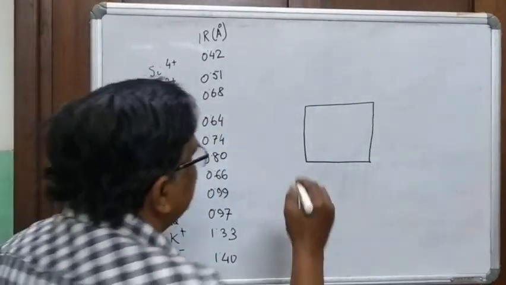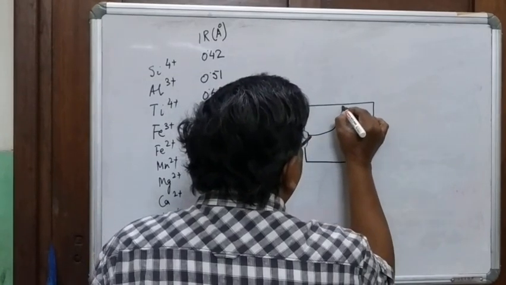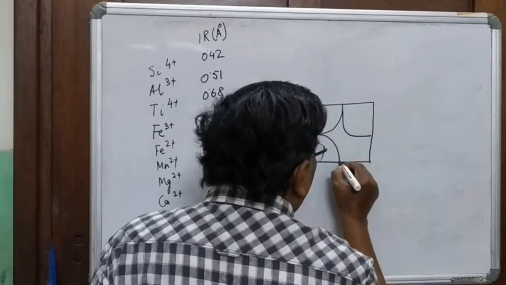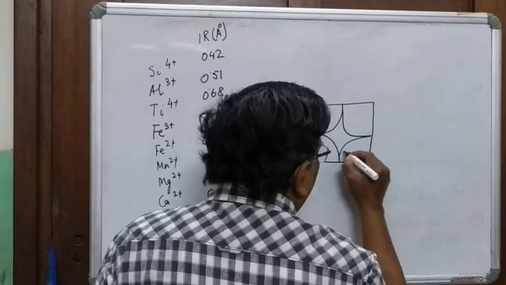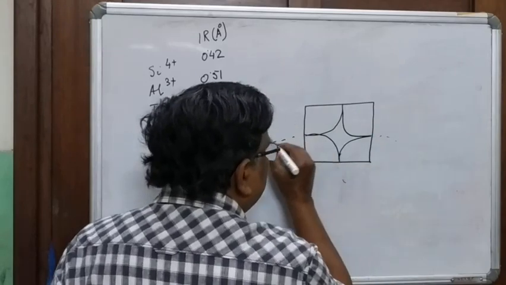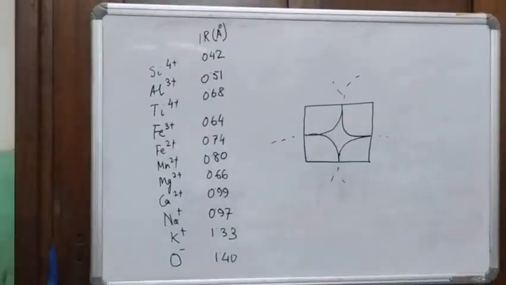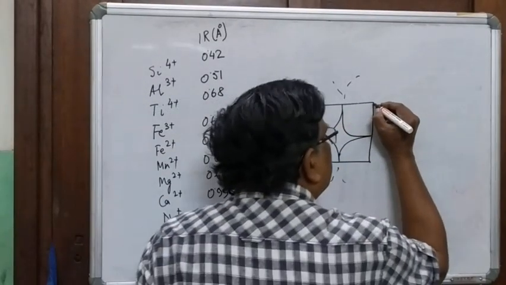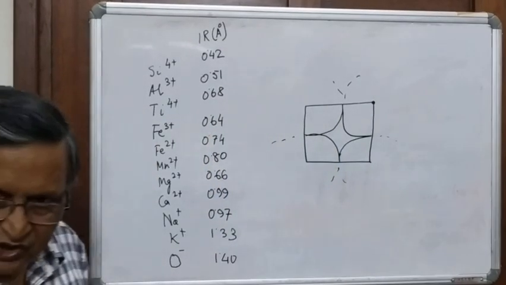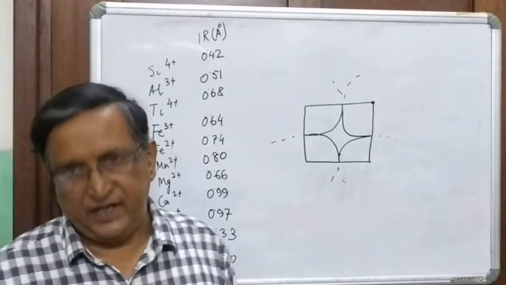So we have our oxygen atoms, and these are only 1/4 of it. The other ones are like this, as you can imagine. The centers of the oxygen atoms, the oxygen ions, are at the corners of the squares.